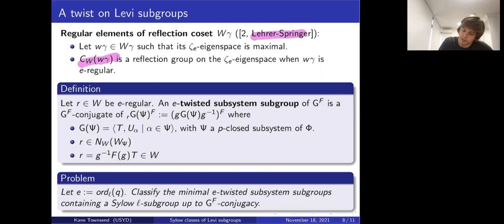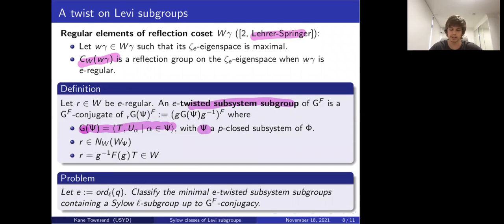And so I've defined this e-twisted subsystem subgroup of G^F. So you take this subgroup which has the maximally split torus and these root subgroups where psi is just some p-closed subsystem.